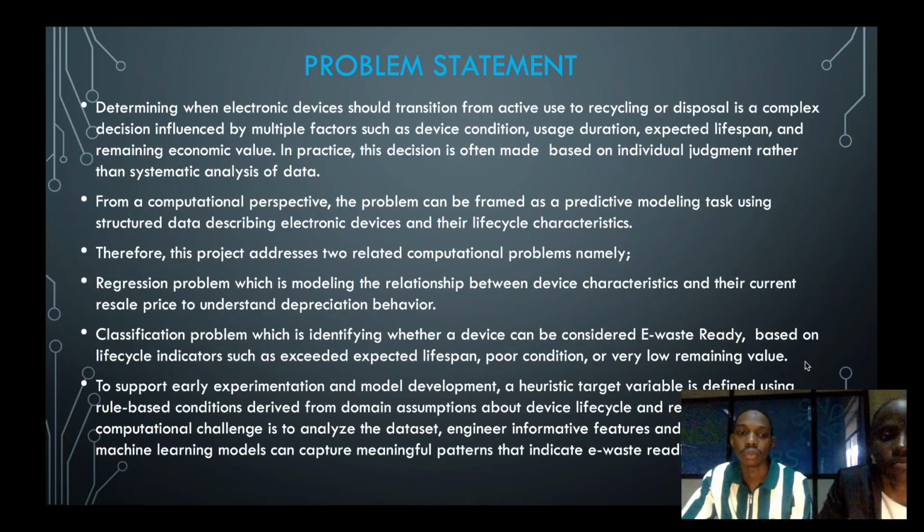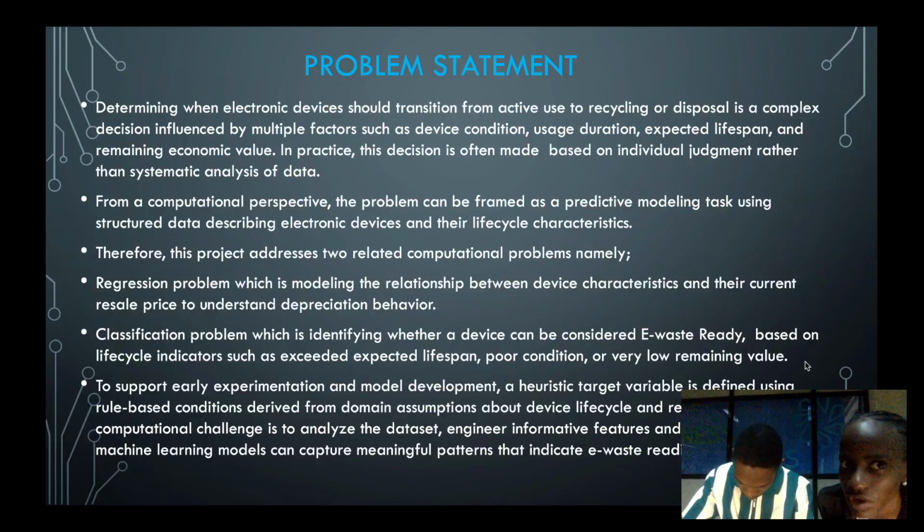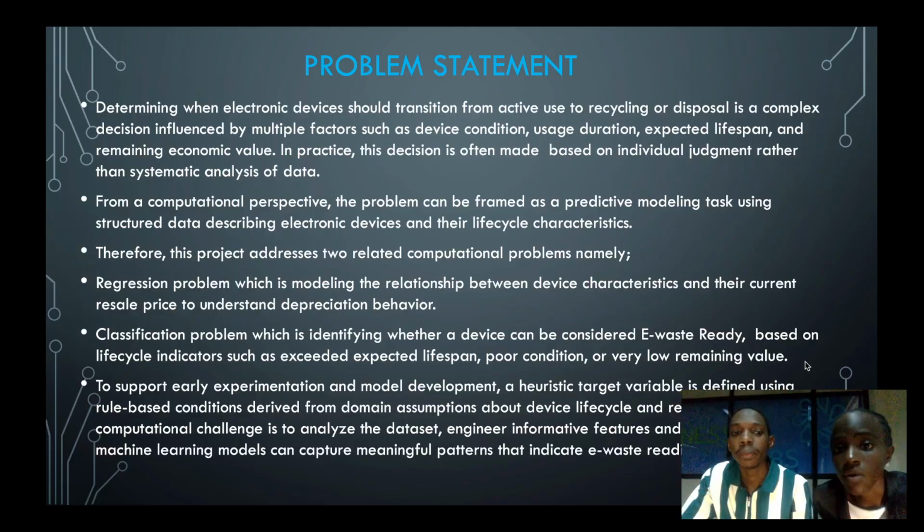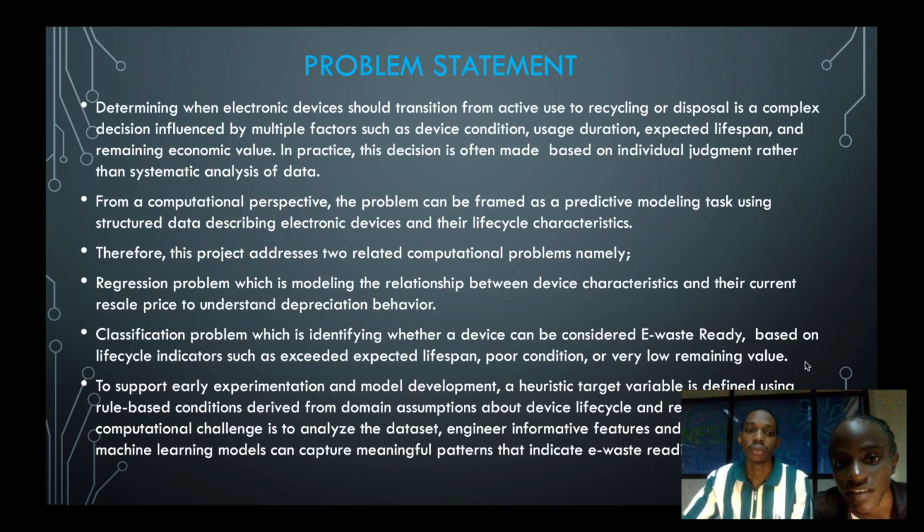Now our problem statement: determining when electronic devices should transition from active use to recycling or disposal is a complex decision, and it is influenced by multiple factors. And the factors that we are using in this case are the features in our dataset, as we shall be seeing. So from a conceptual computational perspective, the problem can be framed as a predictive modeling task using structured data describing electronic devices and their life cycle characteristics.